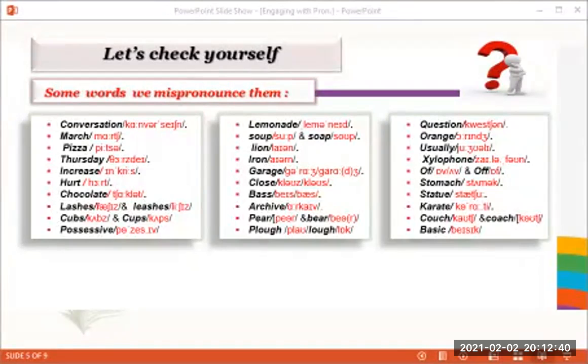What about the third group? Thank you, Miss Ola. Who can? Can you, Miss Wafa? Do you hear us? Yes. Go on, Miss Wafa. Question. Orange. Xylophone. Off. Of.